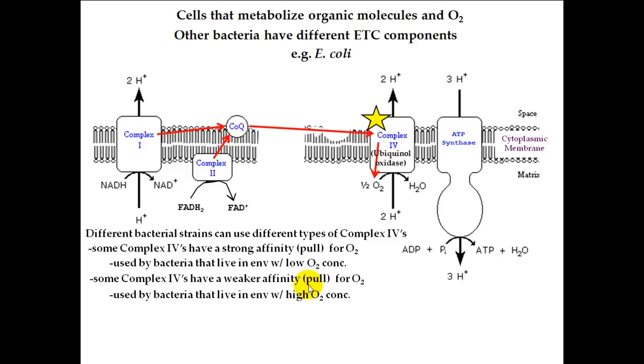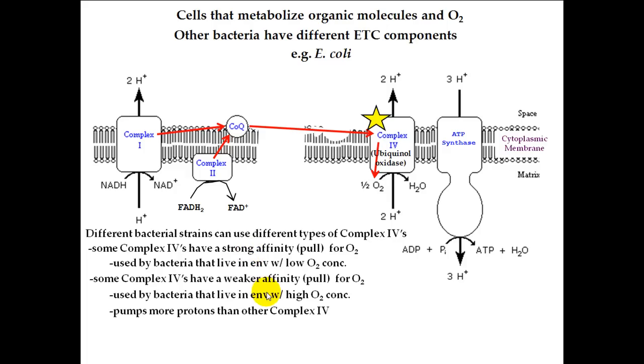One other thing to mention about this type of complex 4 is that it differs from the other type of complex 4 not only by how strongly it pulls oxygen, but also by how many protons it pumps. It turns out that this particular complex 4, the one that has a weaker pull for oxygen, actually pumps more protons than the other type of complex 4 that we just mentioned.